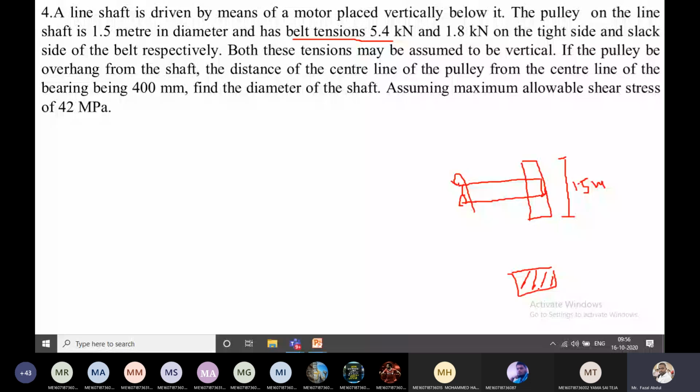I will show the diagram from the front view. This is the pulley, having the tension like this. I'm showing it downwards because the pulley is attached to the motor vertically downwards through the belt drive.